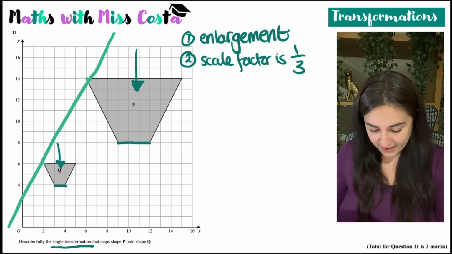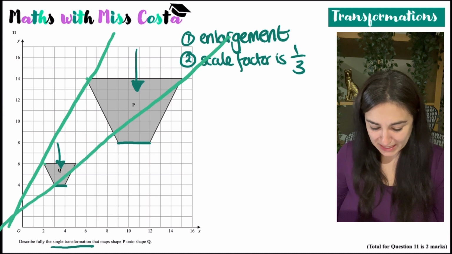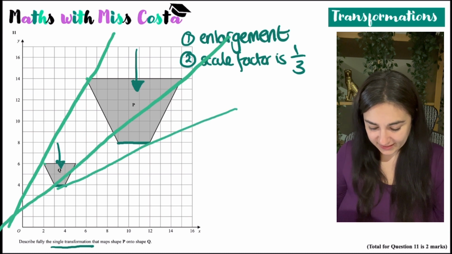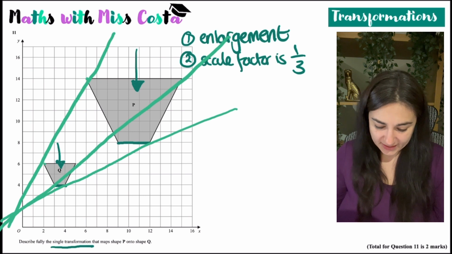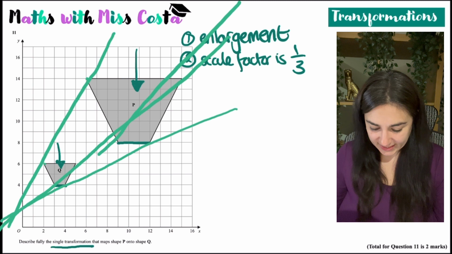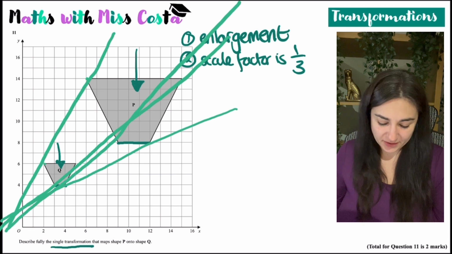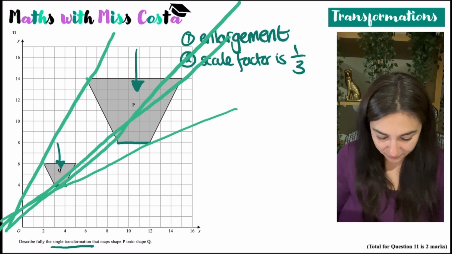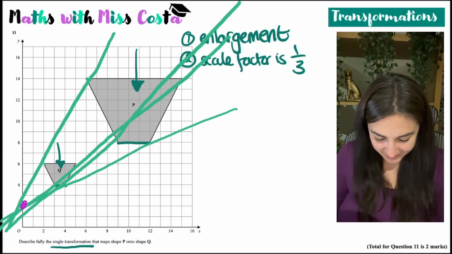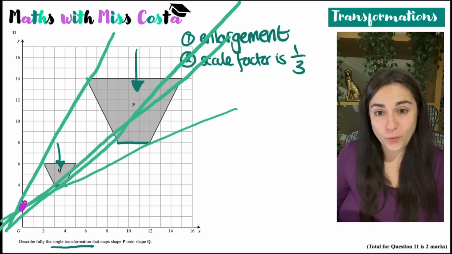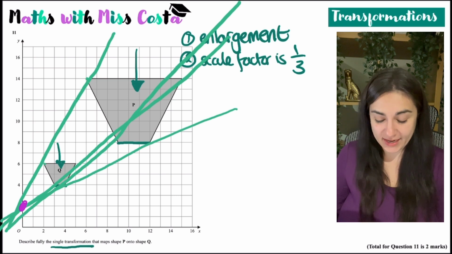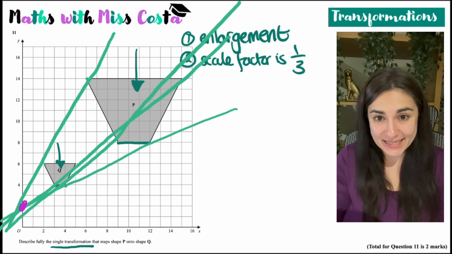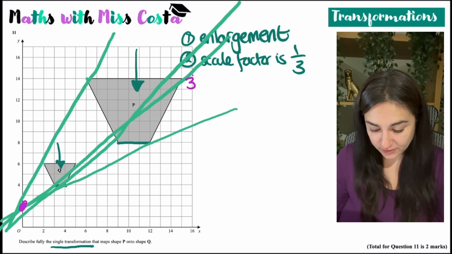So I've got a line there, and then I can connect this one to there, and this one to this one, and the last one is that one to that one. This is poorly done because I don't have a ruler, but if I did, over here is where all of the lines would meet. Where all the lines meet is your center of enlargement.